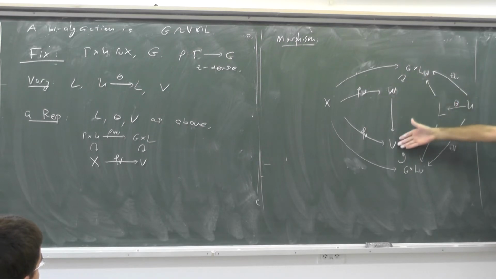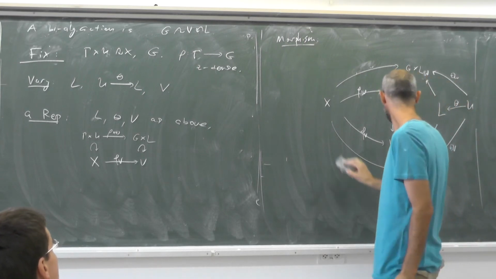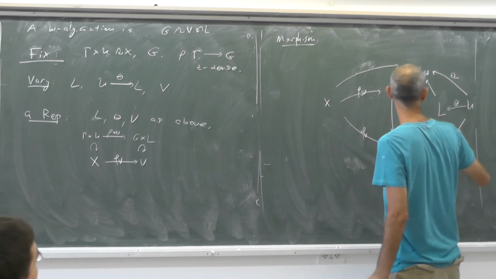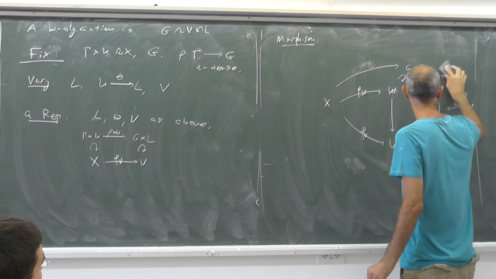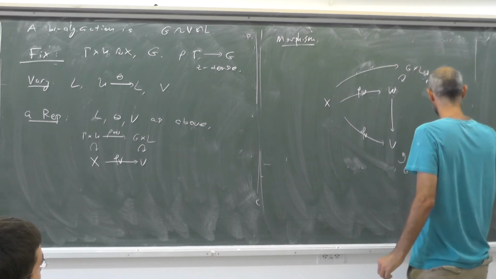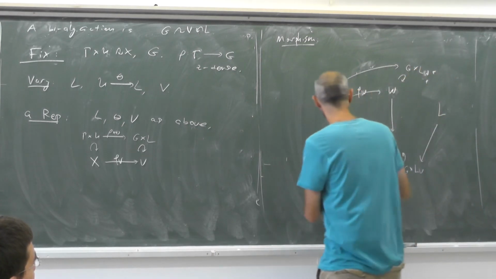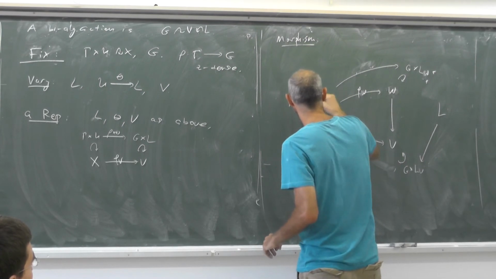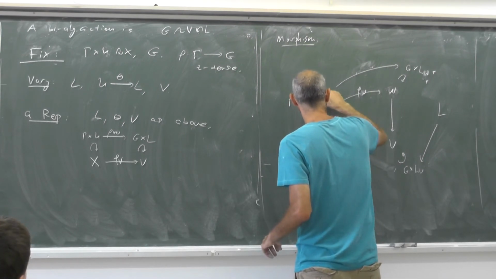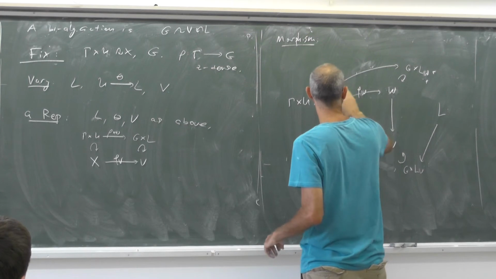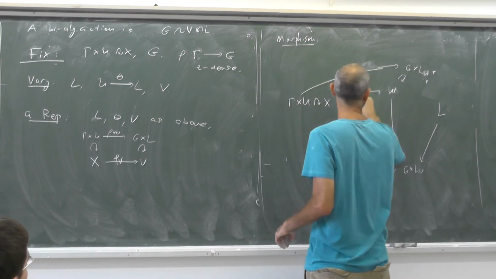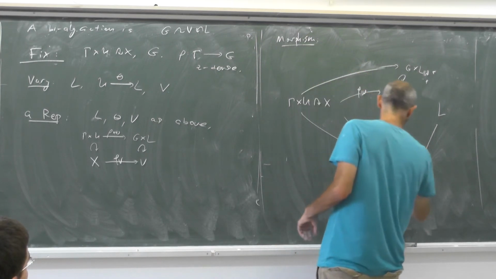Between you and me, I think of that guy. Just that guy. Yes. What are the arrows between the X and the G times L whatever? So I guess I should have. I should have written what I had in mind when writing, and somehow I didn't write it.